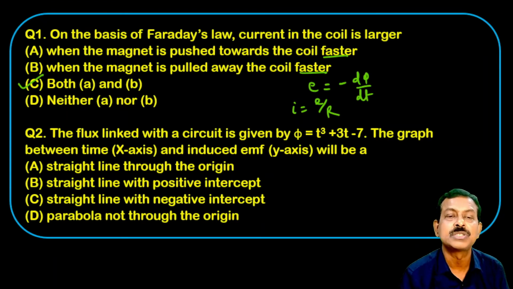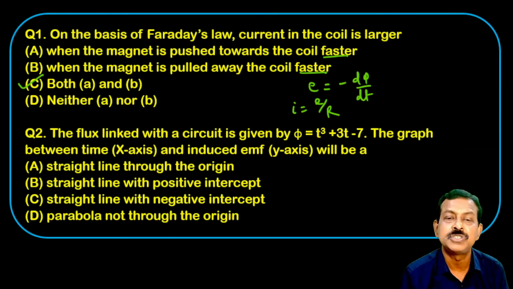Next: the flux linked with a circuit is given as phi equals t cubed plus 3t minus 7. The graph between time and the induced EMF on the y-axis will be. Now, here it is the flux and we want a plot between the induced EMF and time.